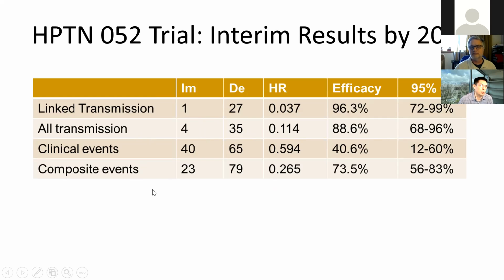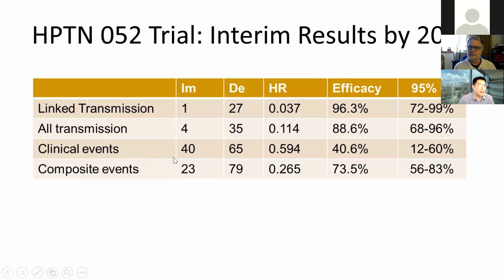88.6%. We also looked at the clinical events, where we treat each serodiscordant couple as one unit. The HIV positive participant may experience some clinical events, plus the transmission event that would happen to the HIV negative partner.